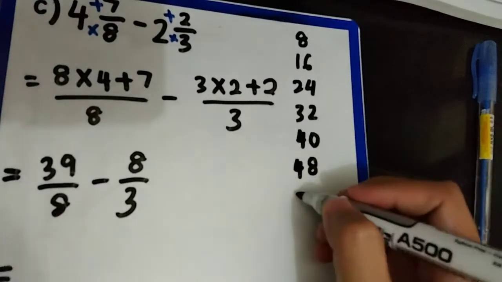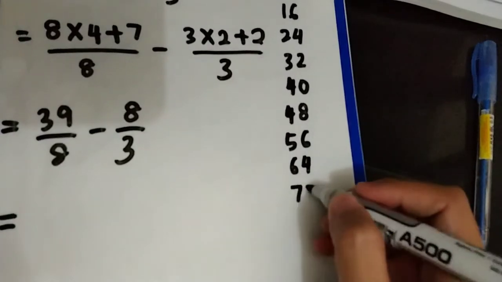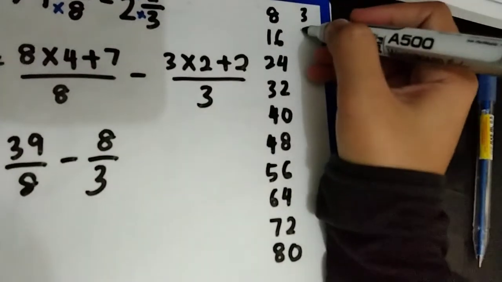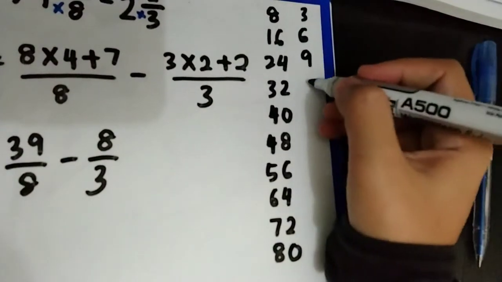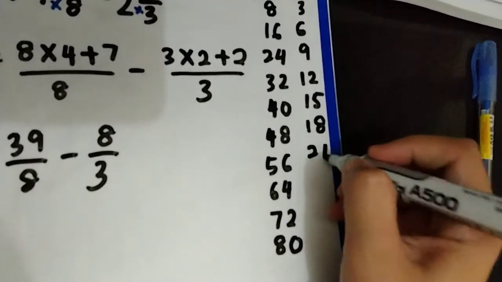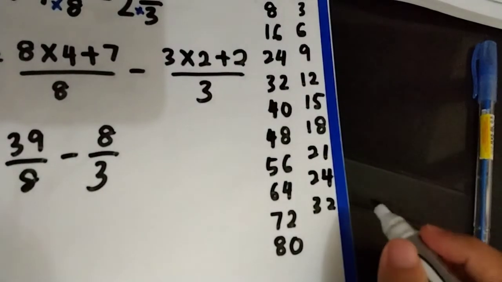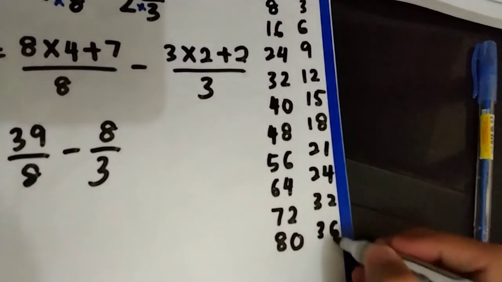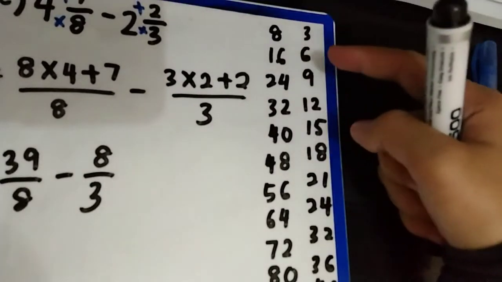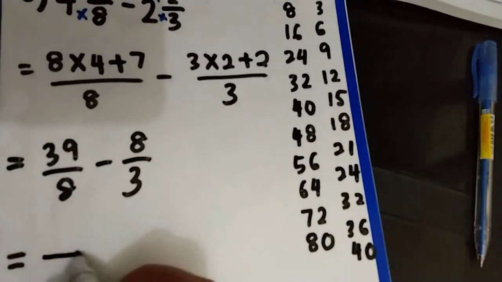List down the multiplication table of 8, all of it, and the multiplication table of 3, until the end, and find the smallest number that is in both tables. Let's look. What is the number? Yes, 24 and 24. So we are going to use 24.